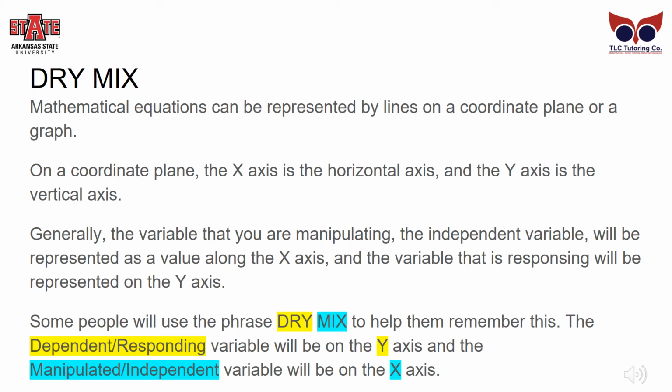Some people use the phrase DRY MIX to help them remember this. The dependent or responding variable will be on the y-axis, thus DRY. The manipulated or independent variable will be on the x-axis, thus MIX.